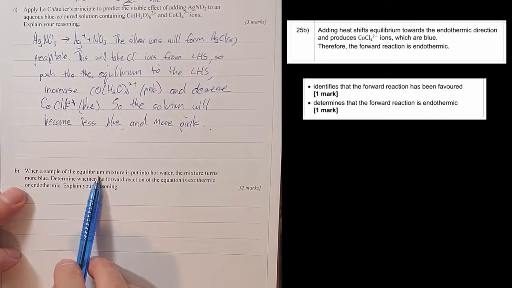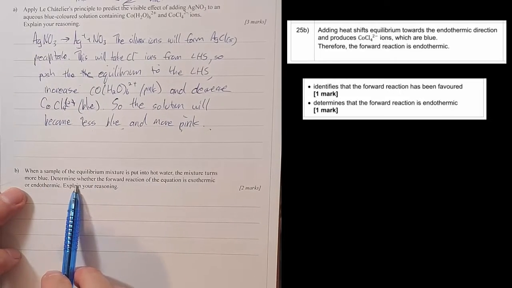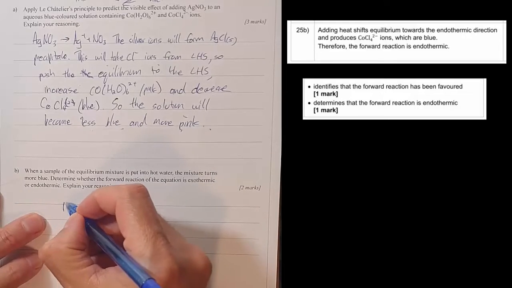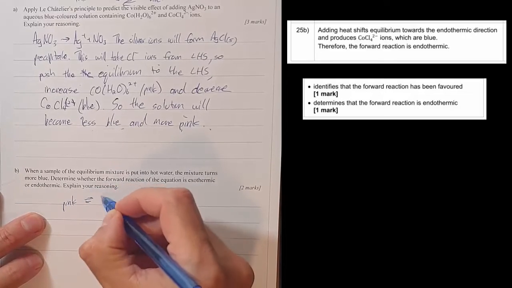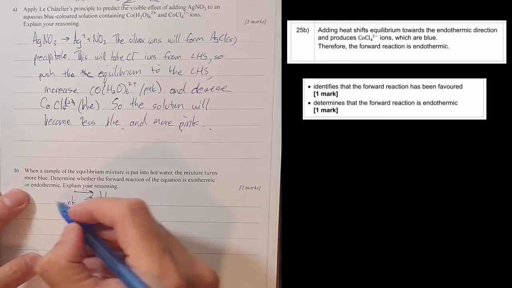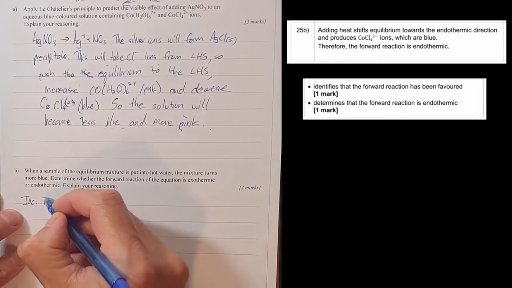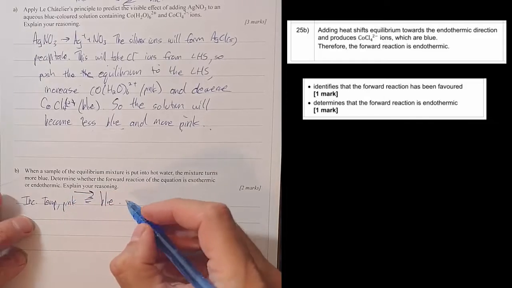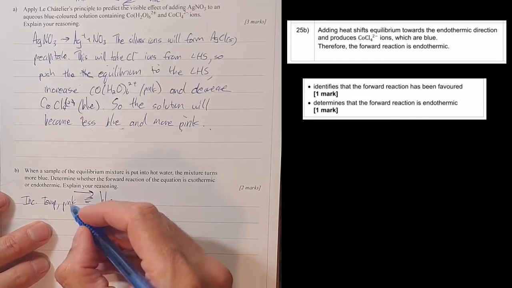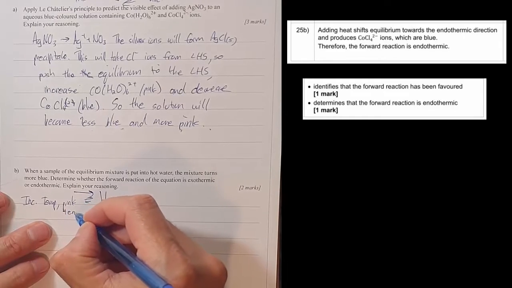When a sample of equilibrium mixture is put into hot water, the mixture turns more blue. So you've got pink, blue. It turns more blue with increased heat. Increased temperature, more blue. So therefore, there must be energy on this side.